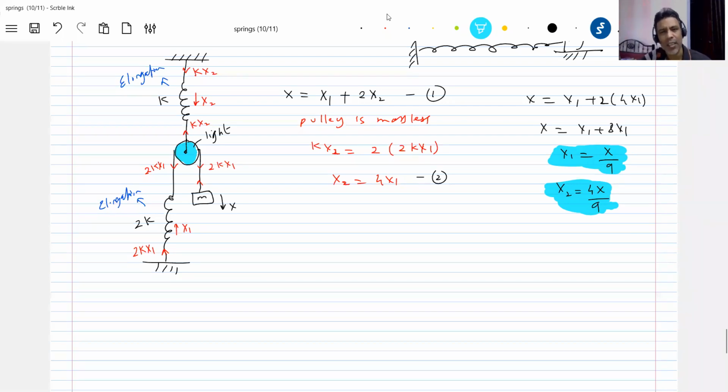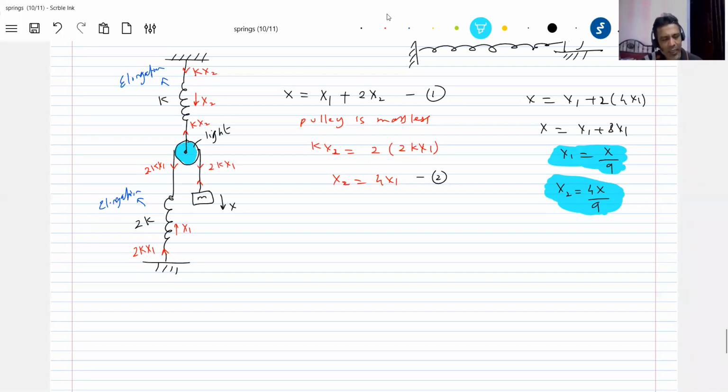So what was the question I asked? Can we replace them with one equivalent spring? Yeah, we can do that, but we have to take the help of the SHM condition, so it is not advisable to teach those topics now. For the time being, I'm just telling the elongation of individual springs.